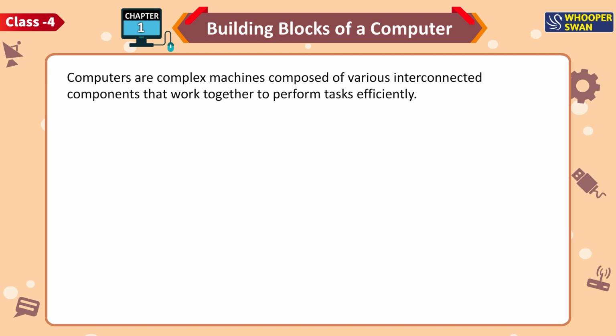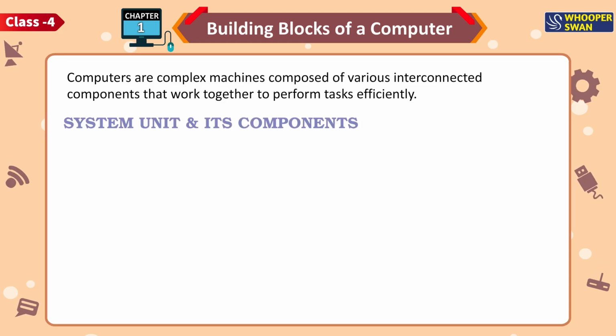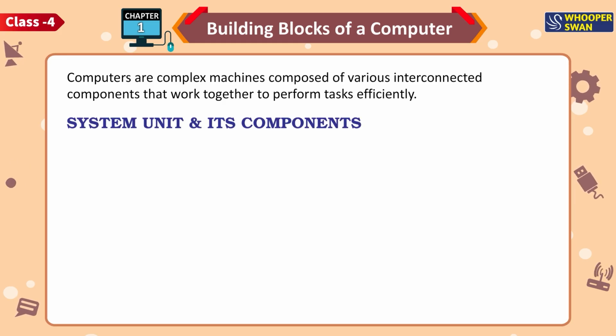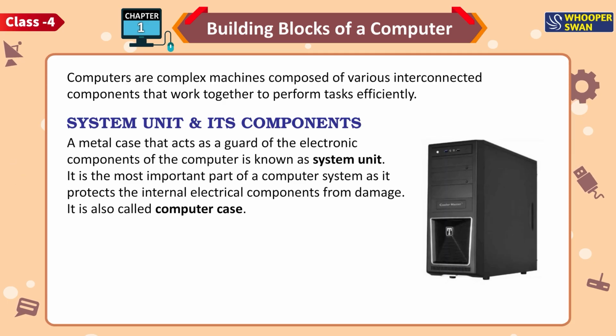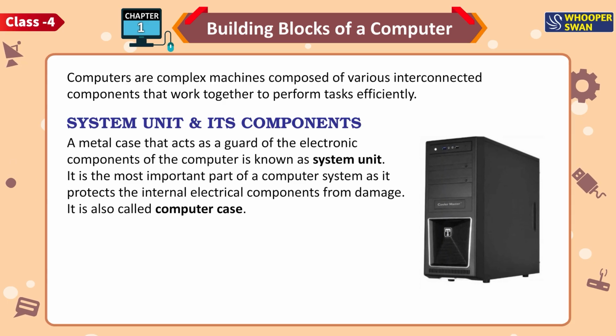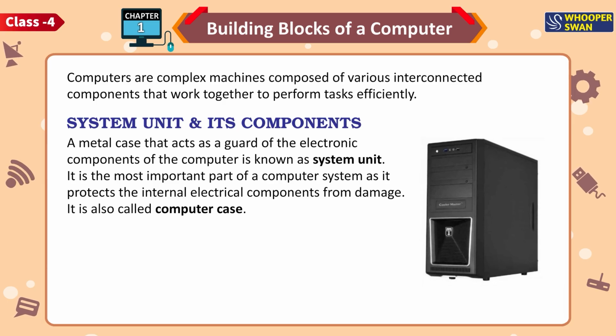Computers are complex machines composed of various interconnected components that work together to perform tasks efficiently. System unit and its components. A metal case that acts as a guard of the electronic components of the computer is known as system unit.